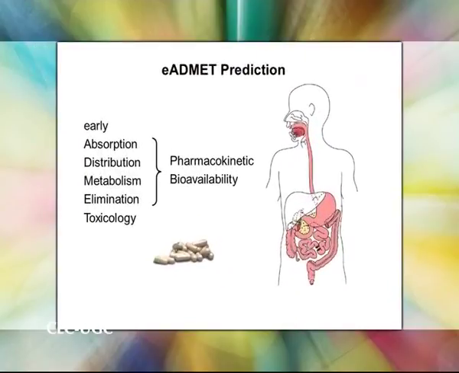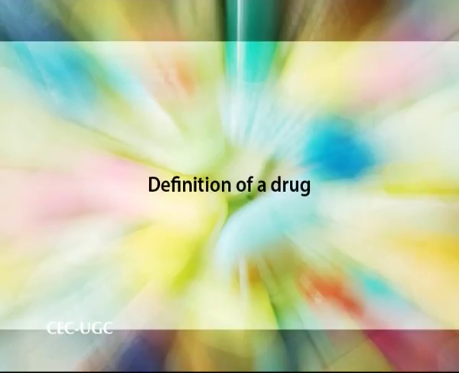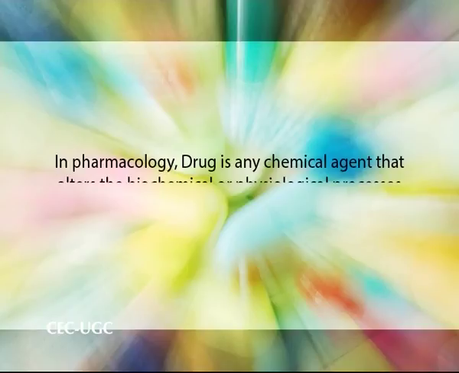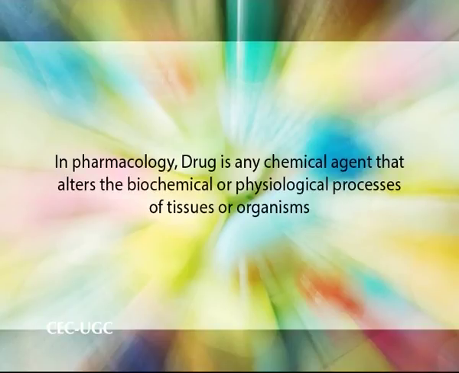There are many bioinformatic resources of growing importance to understand and predict the absorption, distribution, metabolism, excretion, and toxicity of both existing and potential drugs. Definition of a drug: in pharmacology, a drug is any chemical agent that alters the biochemical or physiological process of tissues or organisms.